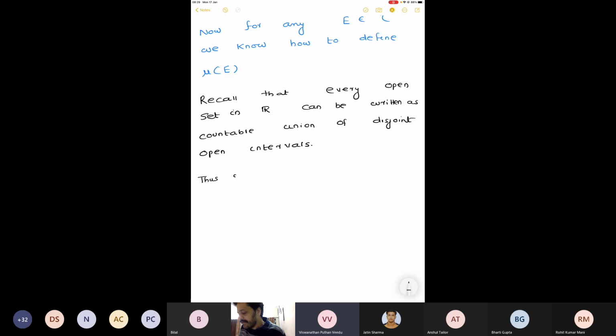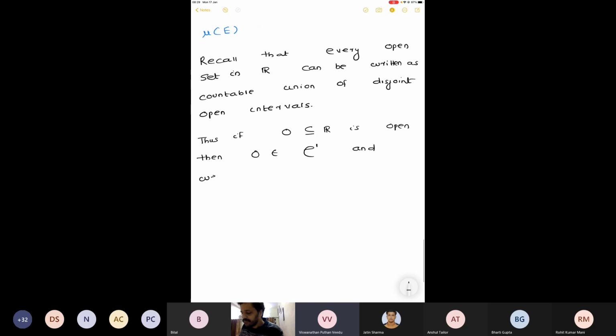Thus, if O subset of R is open, then O is in C dash, and we know how to define mu of O. Starting from the length of an interval, we went up to the measure, or generalized length, of open sets.